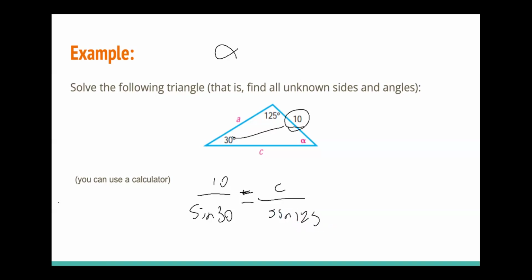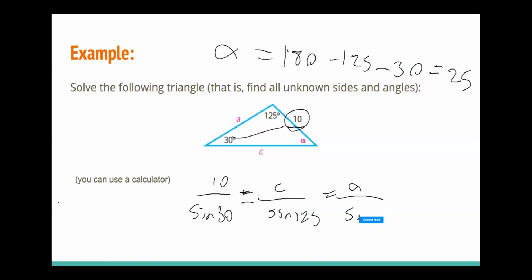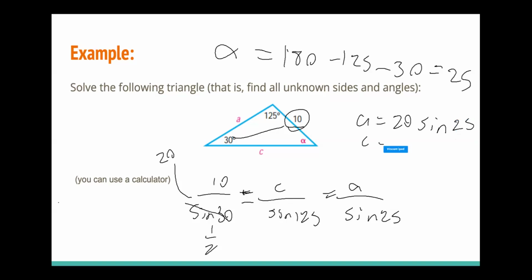We know alpha is 180 minus 125 minus 30, which is 25. So it's also equal to A over sine 25. Sine 30 is 1/2, so this is 20. A is equal to 20 sine 25. C is equal to 20 sine 125.